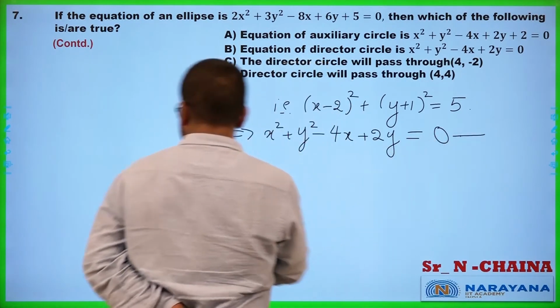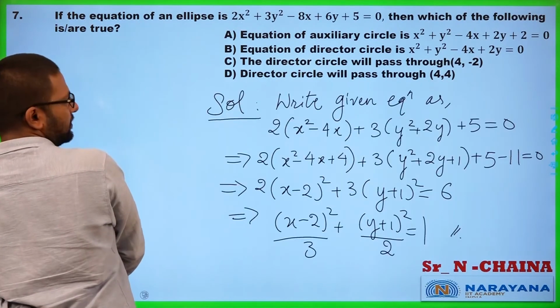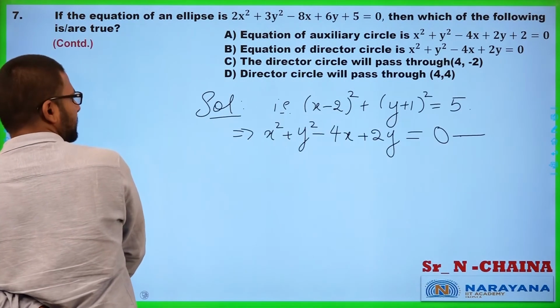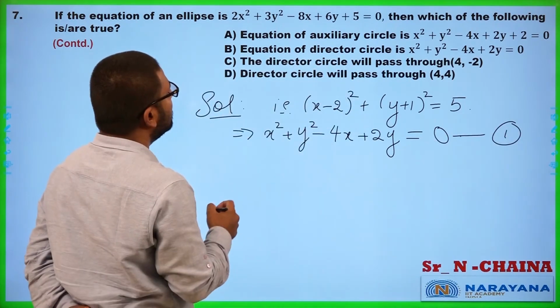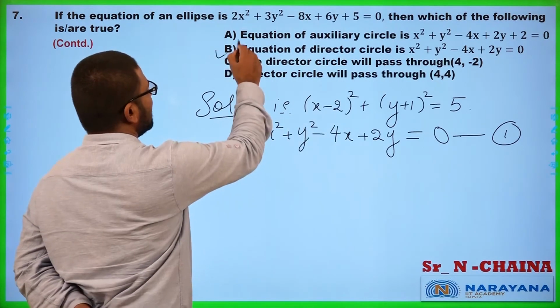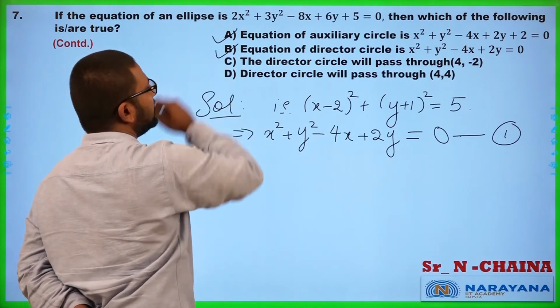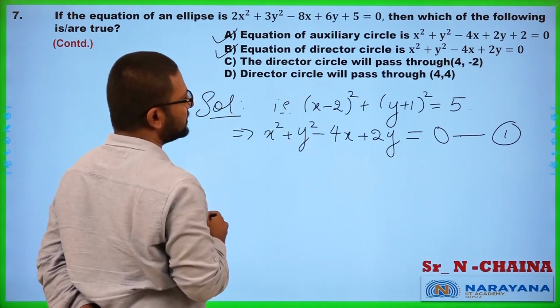Let us label this as equation number 1, as we have not numbered anything here. Now this is the equation of the director circle, and that is exactly matching, so option B is also true. We have seen earlier option A is true. Now we need to check which point the director circle passes through, right?